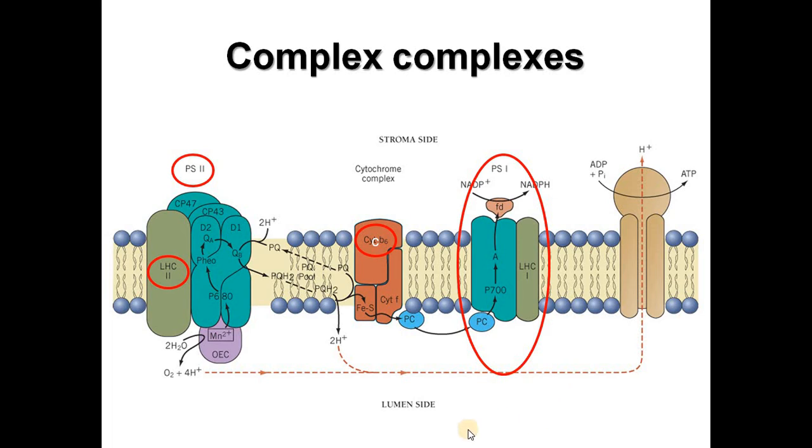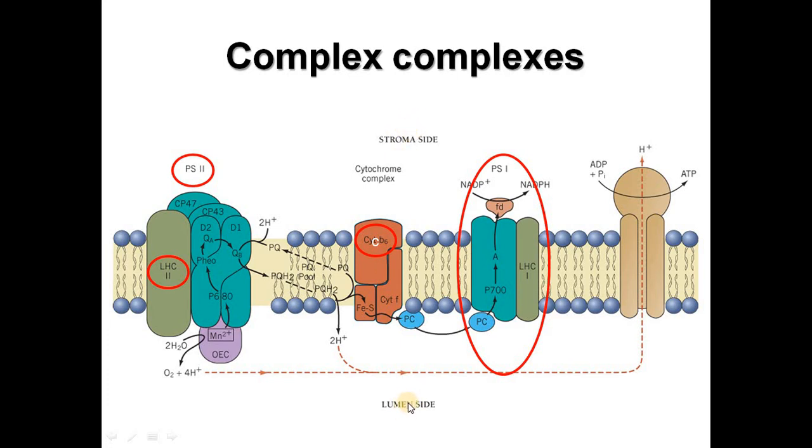So there will be a lot of hydrogen protons on the lumen side and fewer on the stroma side. That is why these proteins need energy to pump the protons from the stroma side to the lumen side, because they're pumping the protons against their concentration gradient. There are more of them here and fewer hydrogen protons here.